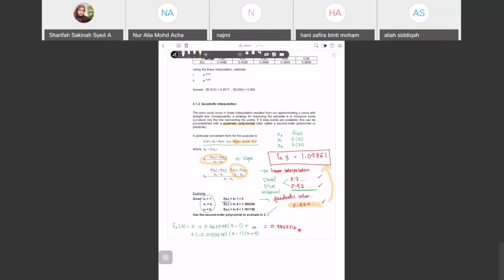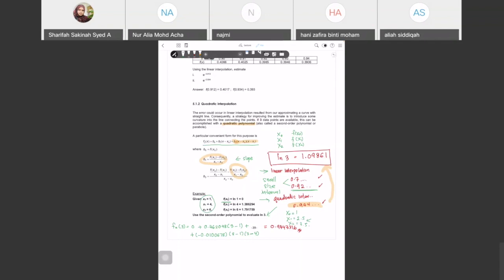You can do your own analysis. For example, now you change your value of x0 equal to 1, then x1 equal to 2, and then you have 2.5 maybe, and then x2 equal to 3, for example. So you get very close to 3. So normally the result should be better.